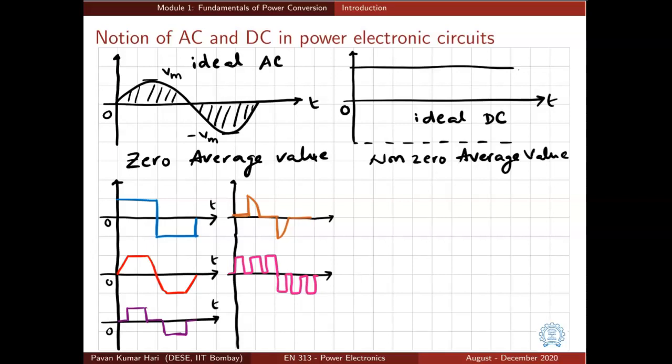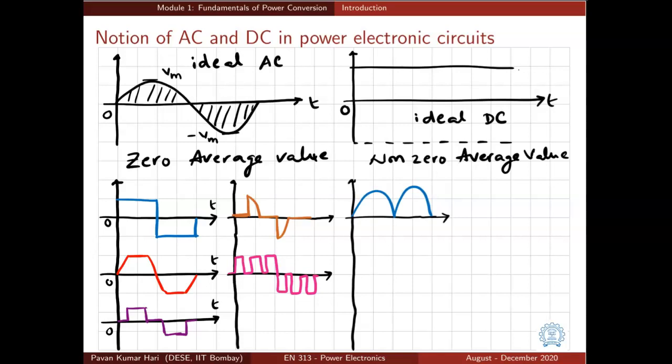Now let us try to look at a few DC waveforms. The DC waveforms can have only positive values, only negative values, or both, but its average value should be non-zero. So here is an example of a DC waveform.